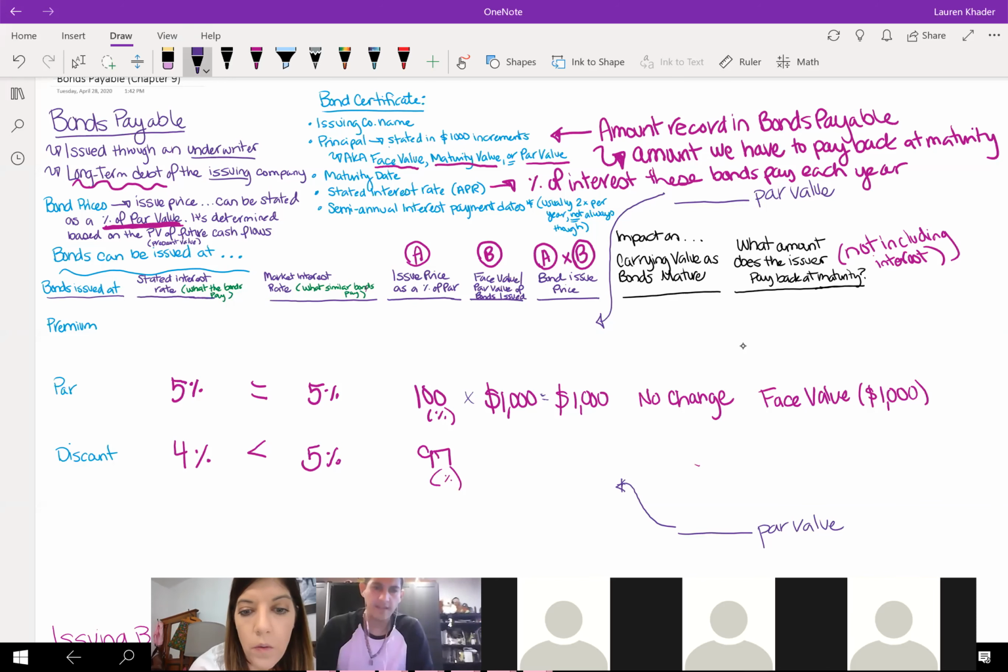So is that 97% relative to, like, what does that number come from, or is it just a number? That number is relative to the present value calculation that we were going to talk about. Okay. So basically, you're looking at the relationship and the difference between the 4% and the 5%, the market interest rate and the stated interest rate, and calculating out the present value of those future payments and backing into what that value is today in today's terms.